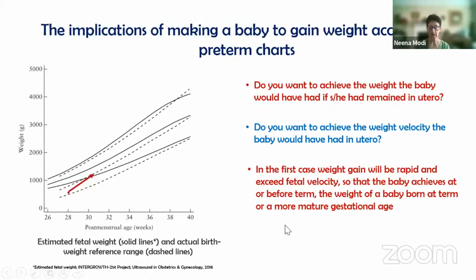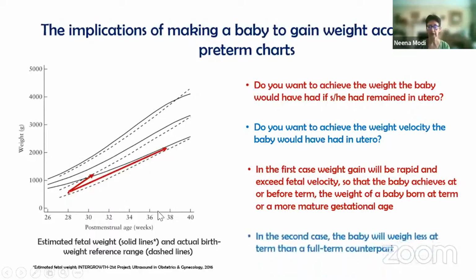So that will be your weight trajectory, this red line or this red line. However, if you want to follow the weight velocity, then the baby will inevitably weigh less at term than a full-term counterpart, because they will follow this trajectory depicted by the blue line.